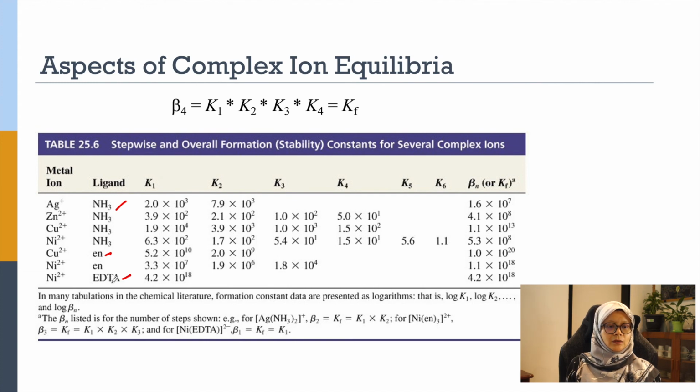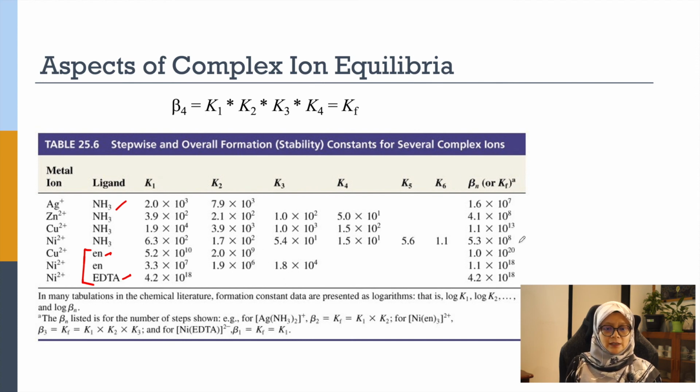If you look at the stepwise and overall formation constants and compare the monodentate with the bidentate and polydentate ligands, the bidentate and polydentate ones have higher stepwise formation constants, for example 10 to the power of 10, 10 to the power of 7, 10 to the power of 18, 10 to the power of 9, and so on.